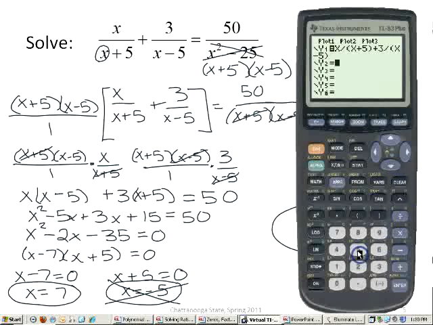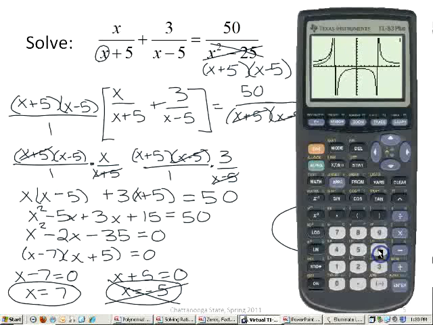In y2, I want to put the right side of the equation with the x squared minus 25 in parentheses. I'm going to start with a standard window, and I want to look for where these intersect.